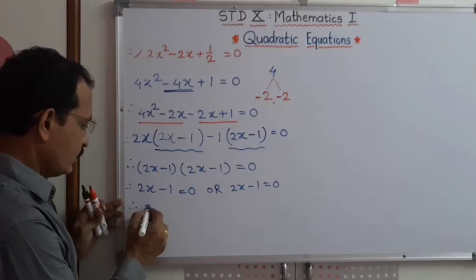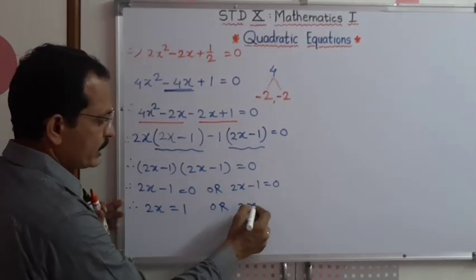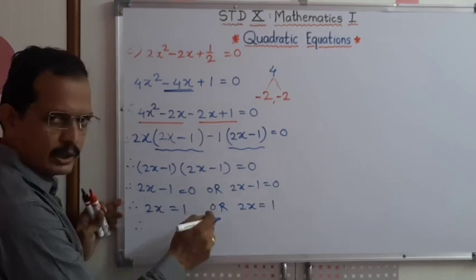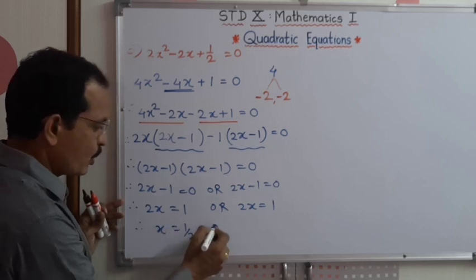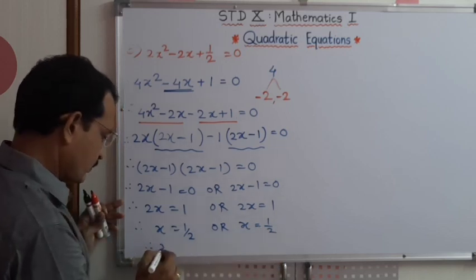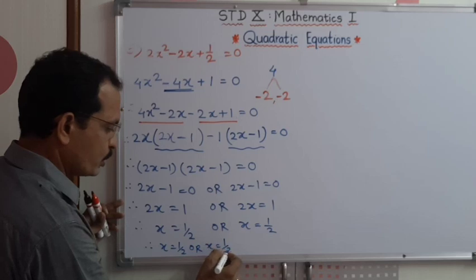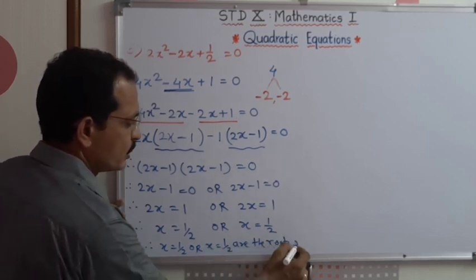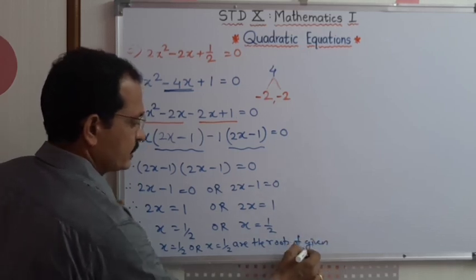Now see here, 2x is equal to 1 or 2x is equal to 1. This minus 1 goes to that side. Now x is equal to 1 upon 2, or x is equal to 1 upon 2. Therefore x is equal to 1 upon 2 are the roots of the given equation.